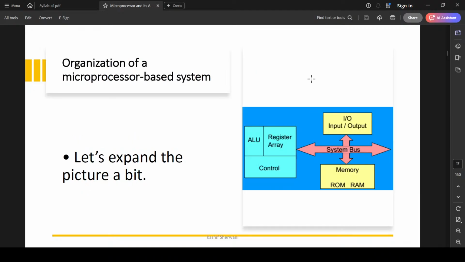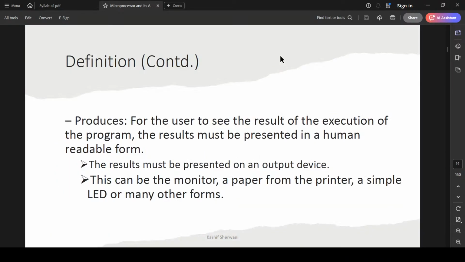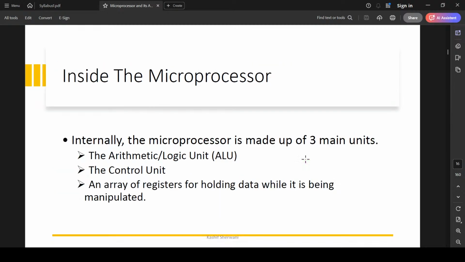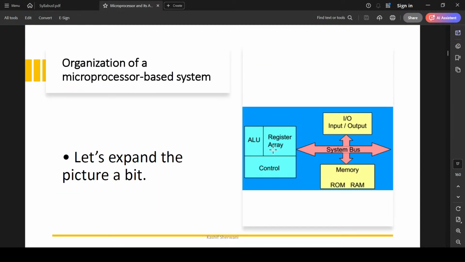Next, this is the organization. This is the simple diagram, but now this microprocessor is divided into three parts: ALU, register, and control, and the system bus, IO input, and the memory. Memory is ROM and RAM, and these are the registers.